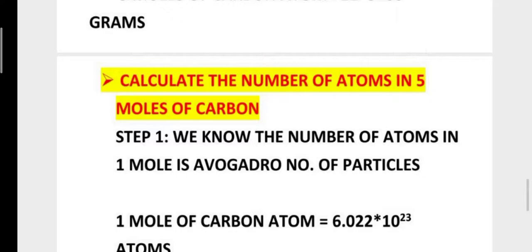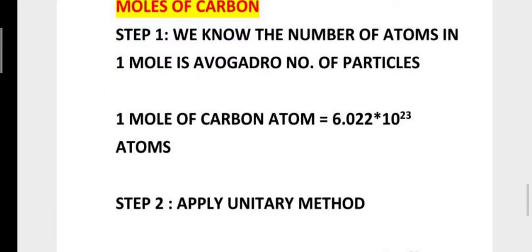Let us understand this with the help of an example. The question is, calculate the number of atoms in 5 moles of carbon. We know the number of atoms in 1 mole is Avogadro number of particles.